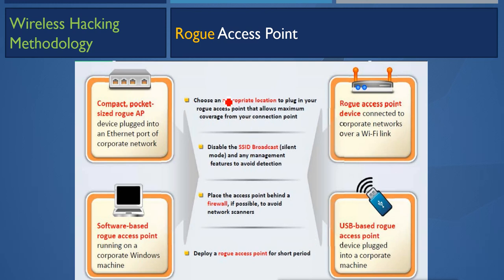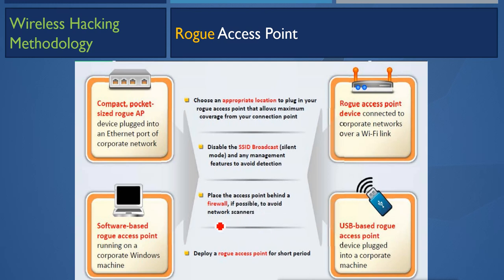Choose an appropriate location to plug in your rogue access point that allows maximum coverage from your connection point. Then disable the SSID broadcast, which is the silent mode, and any management features to avoid detection. So the attacker will disable the broadcasting of the SSID so that nobody will detect it, and place the access point behind a firewall if possible to avoid network scanners also.